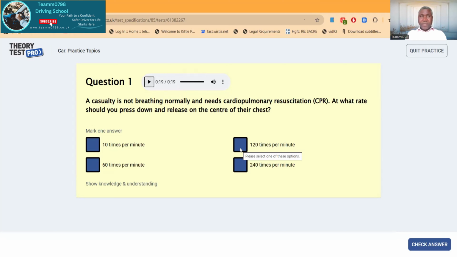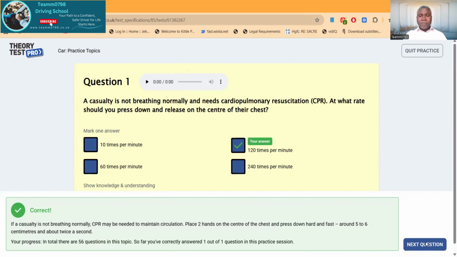I came across this question a few months ago when going through questions with one of my students, and I had to memorize it because I didn't know it. It is twice per second, so the correct answer has to be 120 per minute.